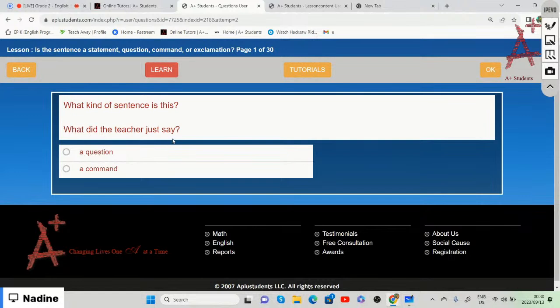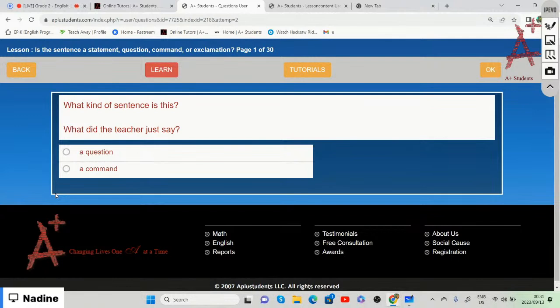What did the teacher just say? Is this a question or a command? This sentence ends with a question mark. We need to choose one of the options.